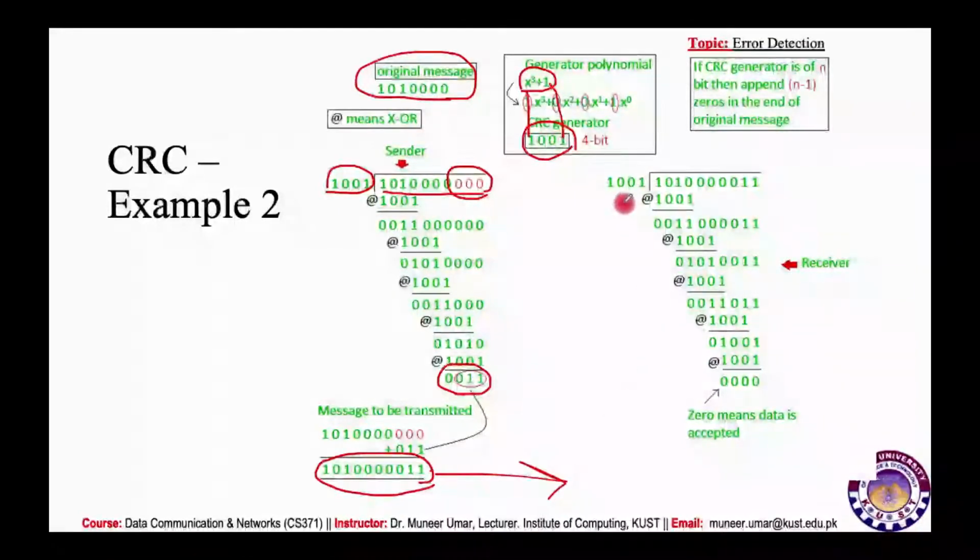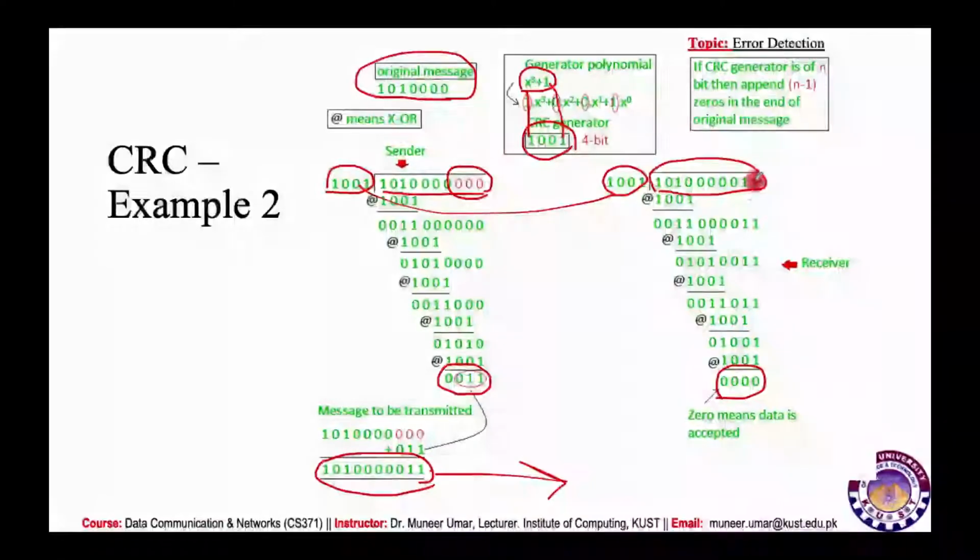At receiving end, same divisor which was applied here is used, and the data received is used here. Now if we process this division, we will get zeros here because we have same data at both ends, so there is no corruption of any sort of bits, so definitely there would be 0 in the remainder.